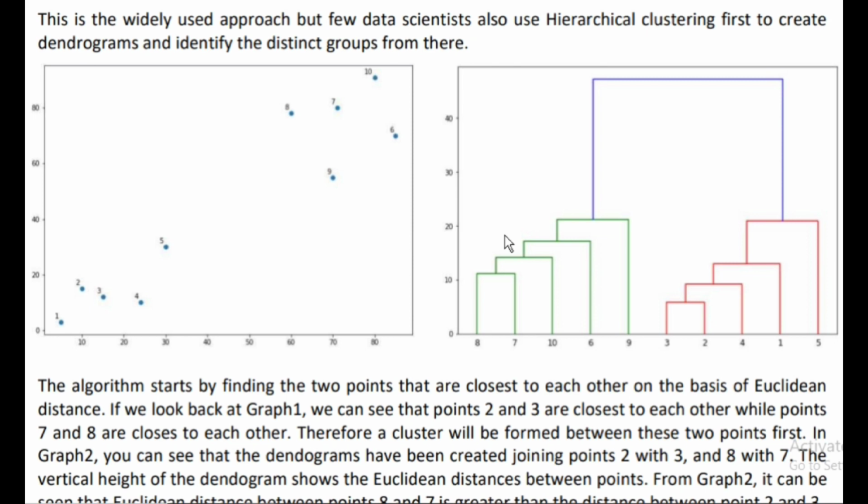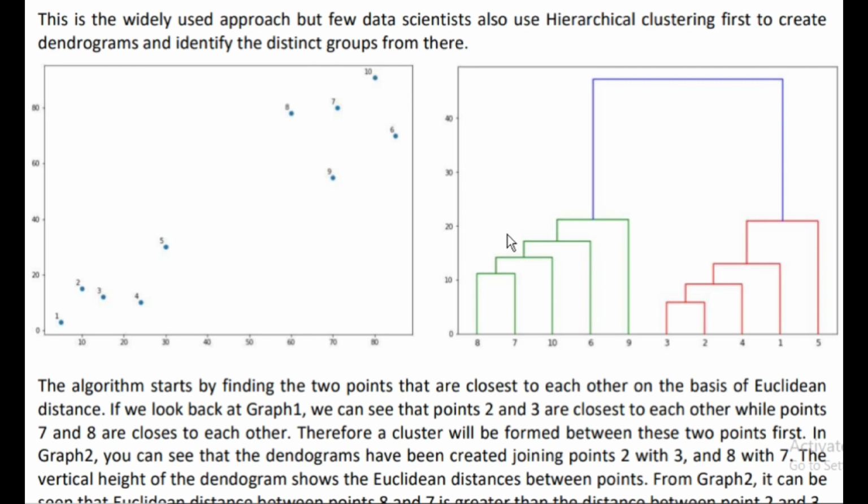If you look at graph 1, point 4 is closest to the cluster of points 2 and 3. Therefore, in graph 2, the dendrogram is generated by joining point 4 with the dendrogram of points 2 and 3.